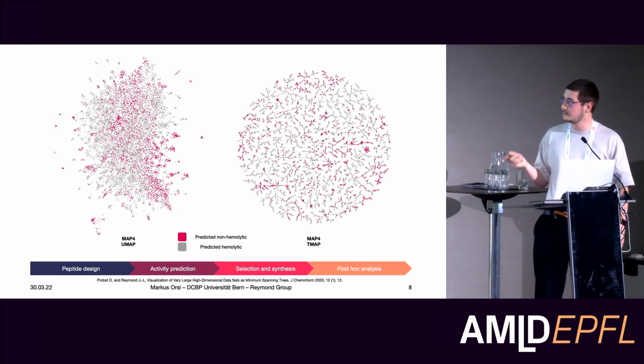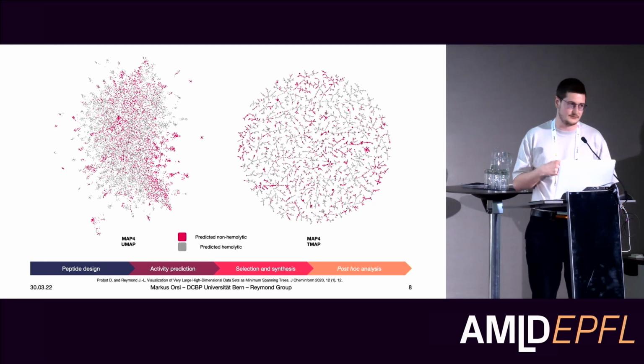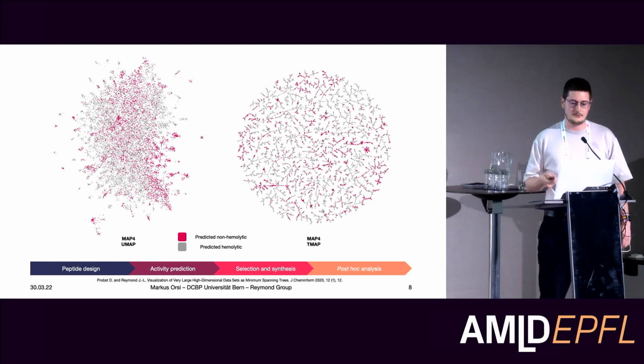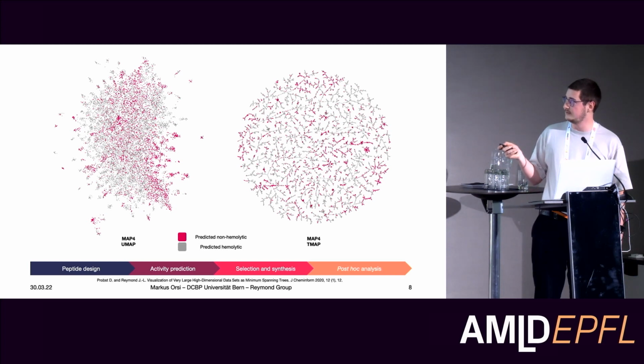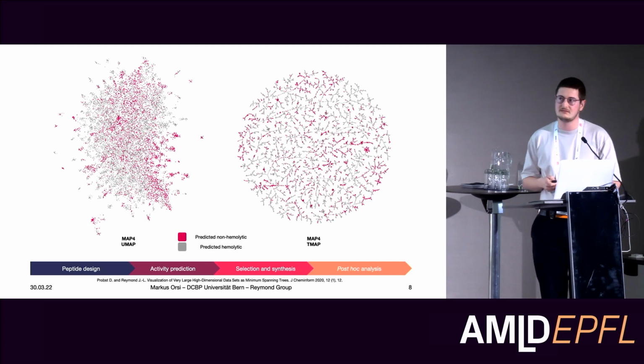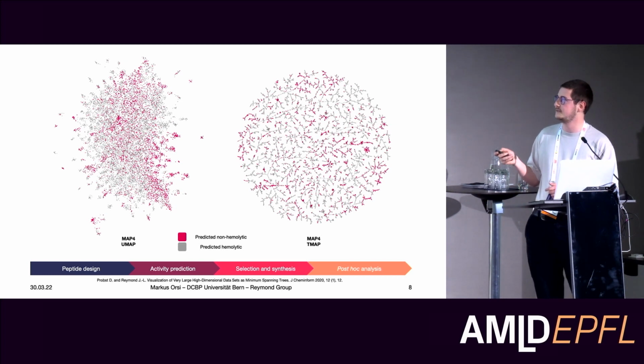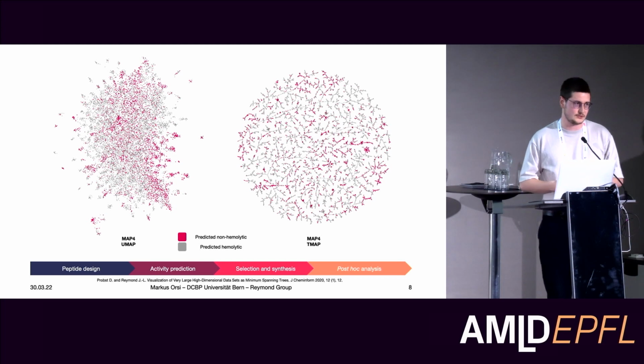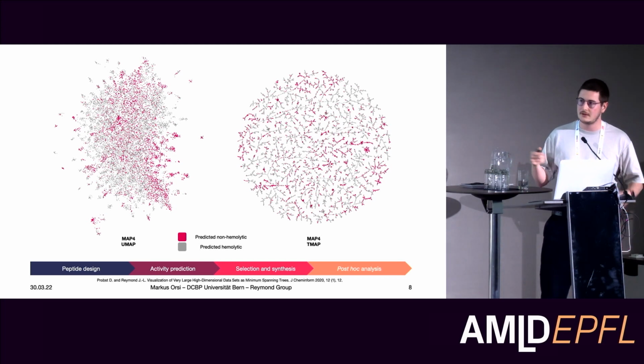Of course, we can do this also with activity. I actually did it also with the activity and also the activity and non-hemolytic. The reason why we like to use TMAP is that it works very well with another package that we have in-house, which is Faerun, where we display all of these maps, even the UMAP, in a very interactive manner.